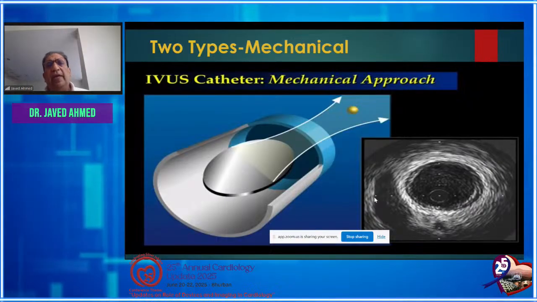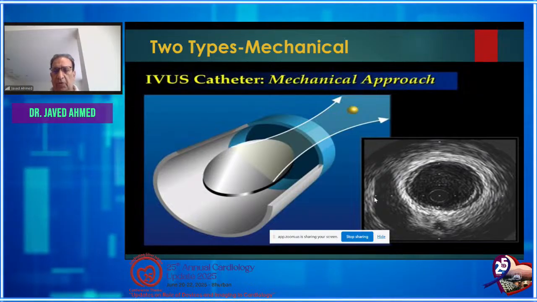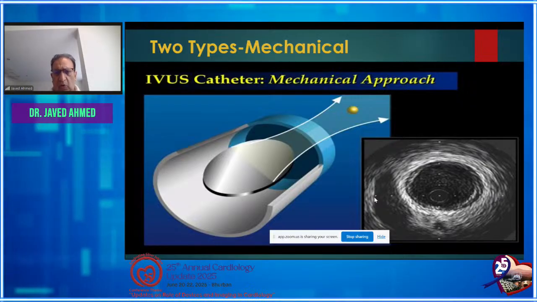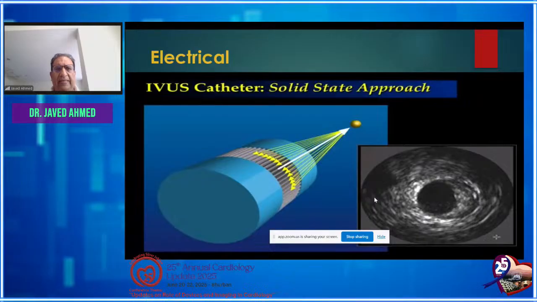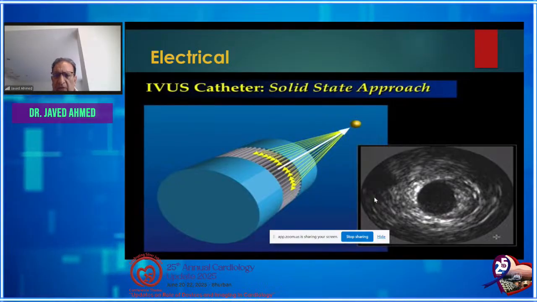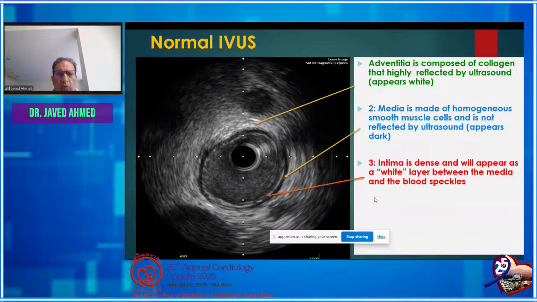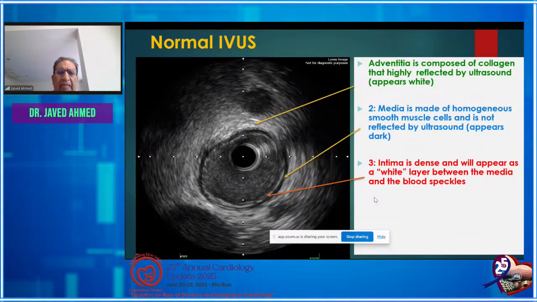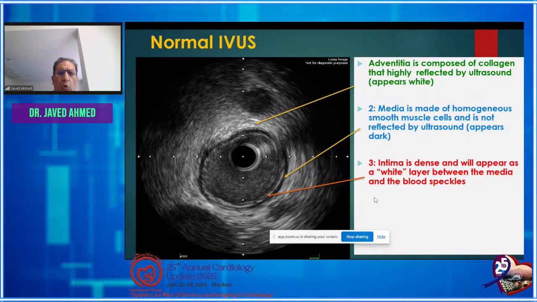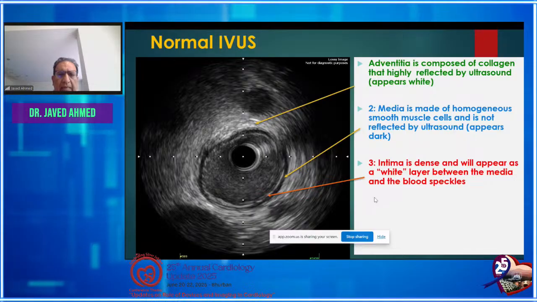There are two types of intravascular systems. One is mechanical, which produces sharper and crisper images and is more commonly used. The second is the electrical system, which is slightly easier to use, but the image is not as clear as the mechanical system. In this slide, you can see an image from the mechanical system, showing very clear demarcation of the intima, the white layer inside the coronary artery.